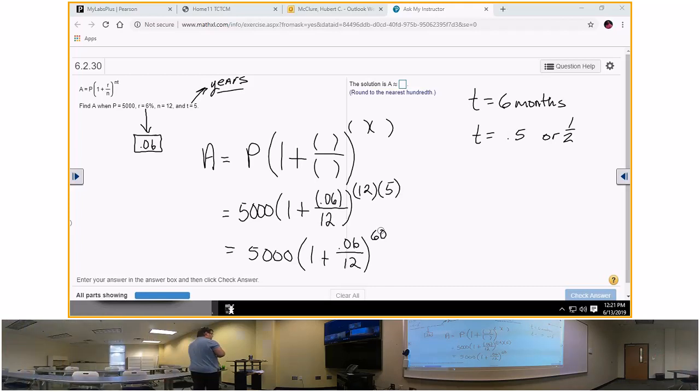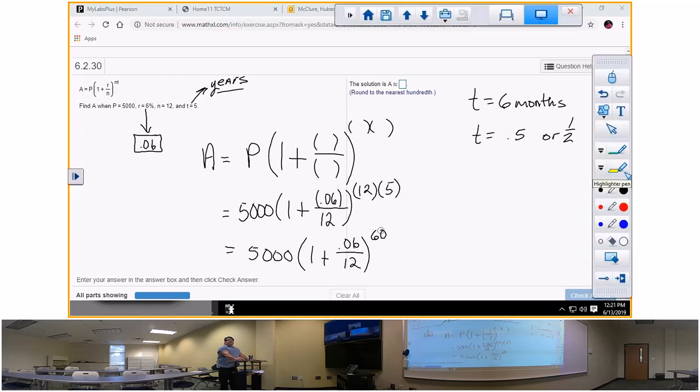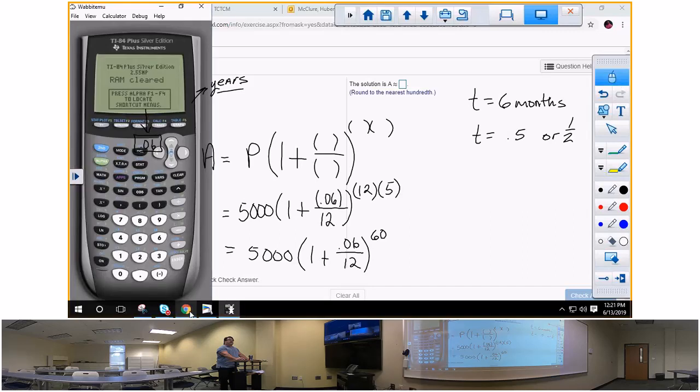So I'm going to pull up the calculator. There we go. Turn it on, and I'm just going to work my way inside out. So that's going to be 0.06 divided by 12 equals. And I just did this part right here, and I'm going to add it to 1.